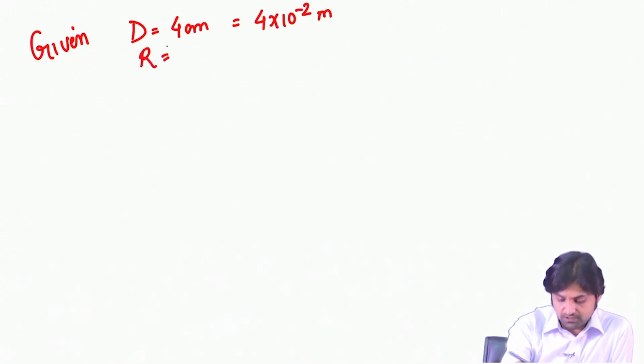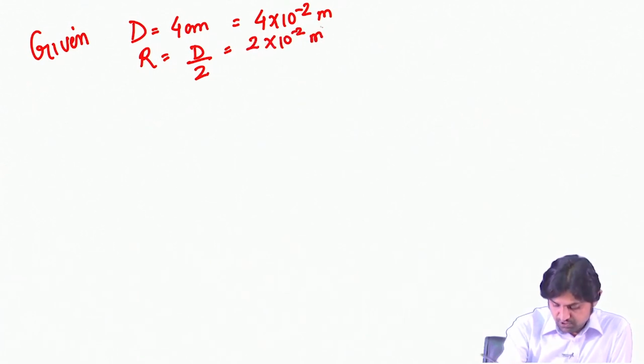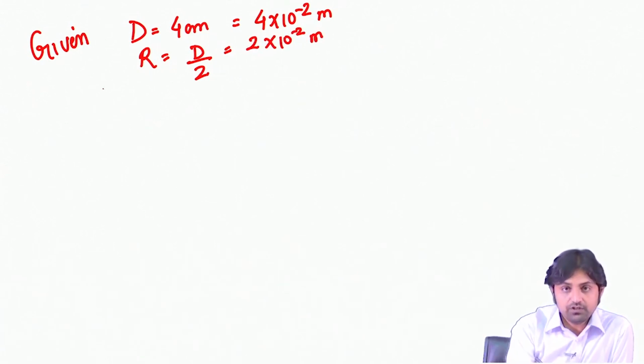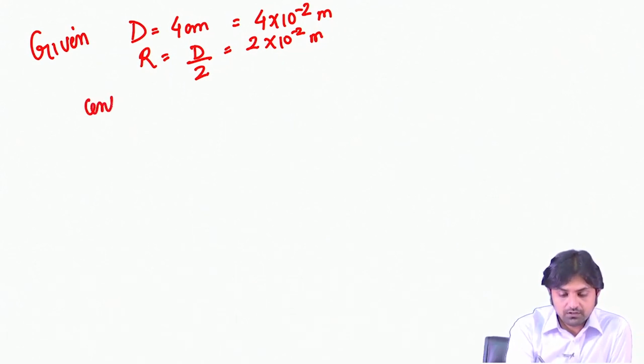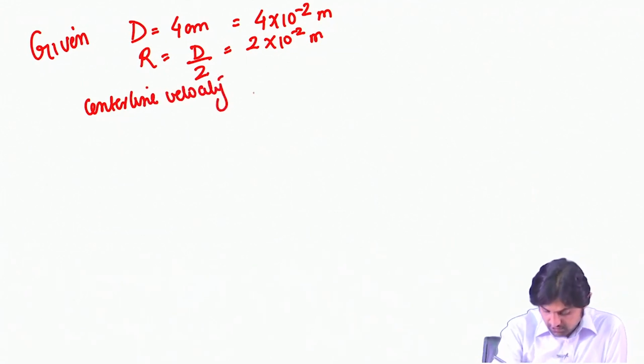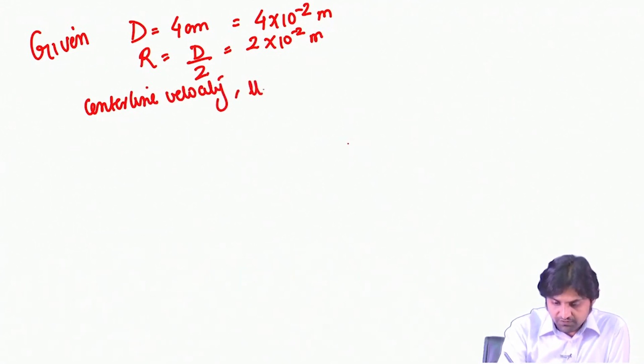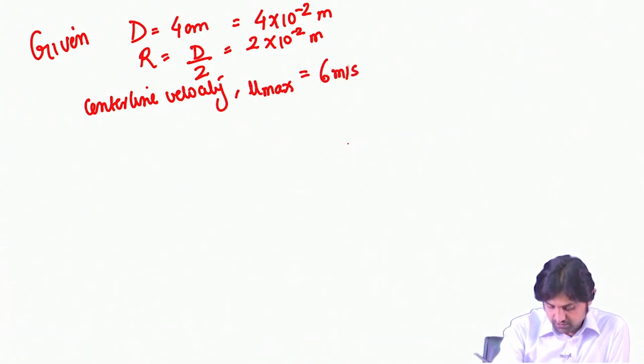Therefore the radius is going to be D by 2, or simply 2 into 10 to the power minus 2 meter. We are also given the center line velocity, which we have seen in our derivation as u max, that is 6 meters per second.